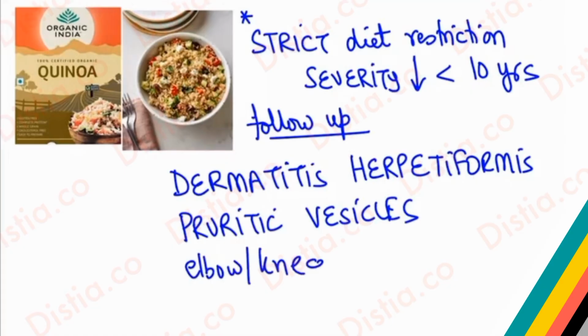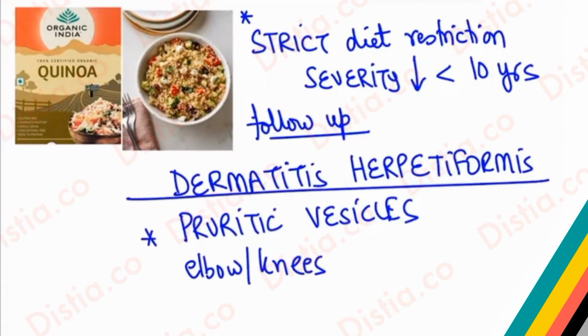Once the image comes in, you will be able to relate to this better. But first, theory is obviously important. So they can sometimes give you a spot diagnosis also. If they give a history of celiac sprue, obviously it's a piece of cake for you. Then you don't need to refer to the image also.